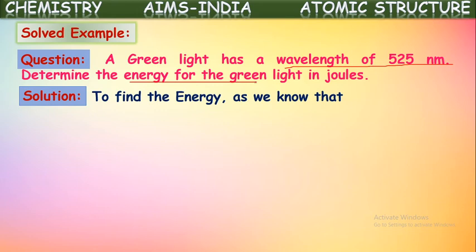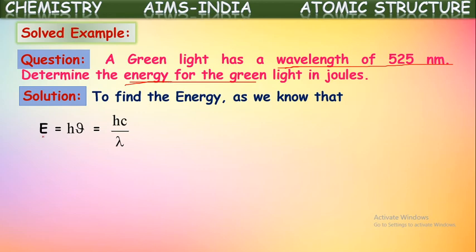To find the energy, as we know, E is equal to hc by lambda, because here we need the relation between wavelength and energy. They have given the wavelength and asked to find the energy, so from Planck's quantum theory we take the equation relating energy and wavelength of the radiation.